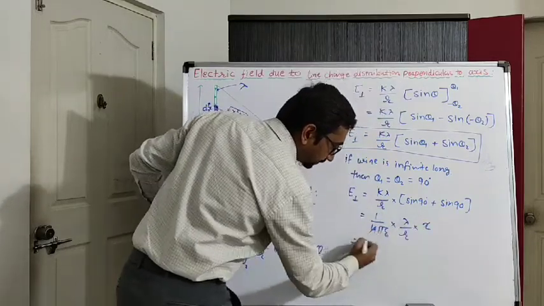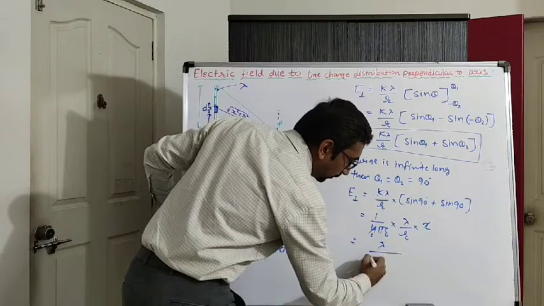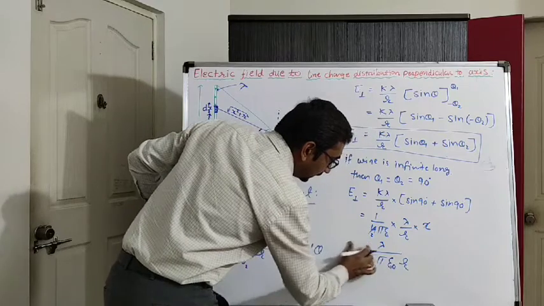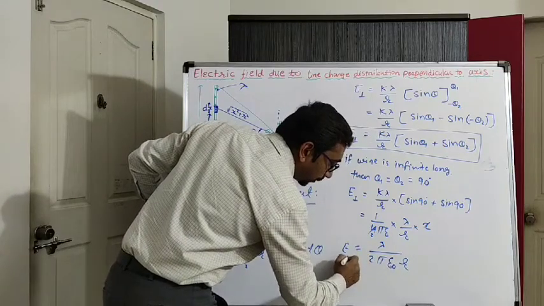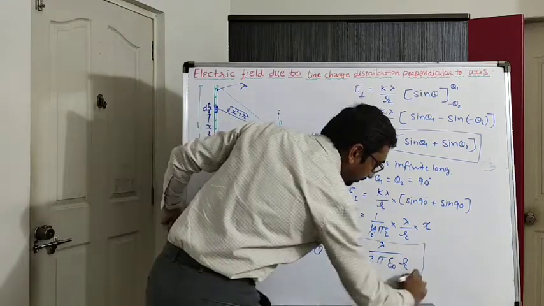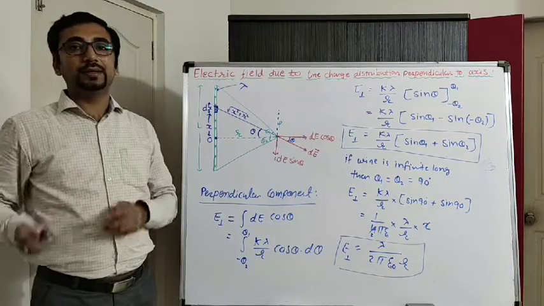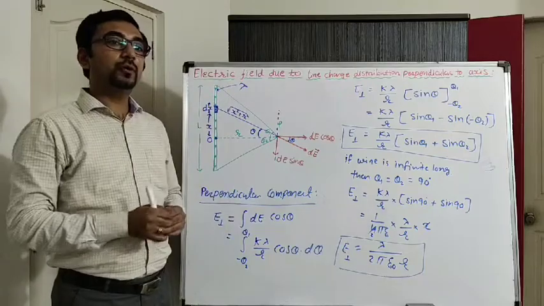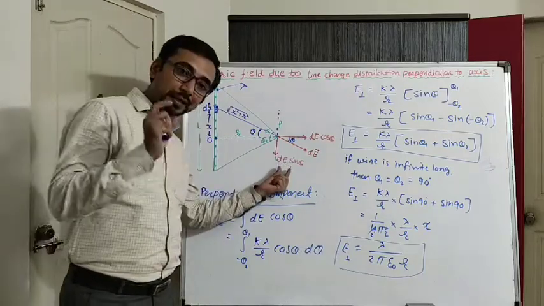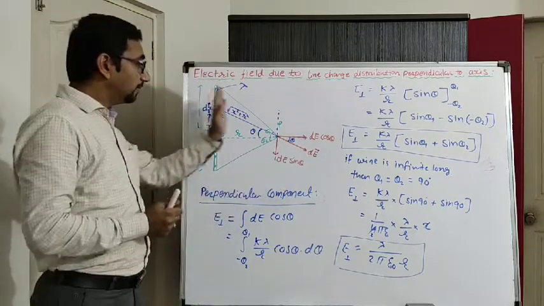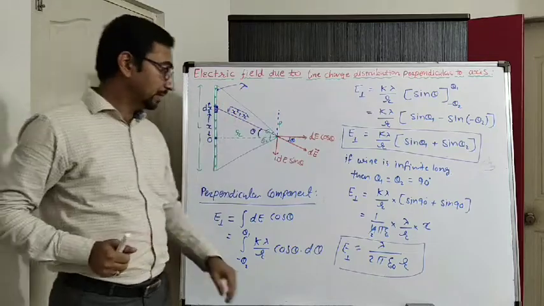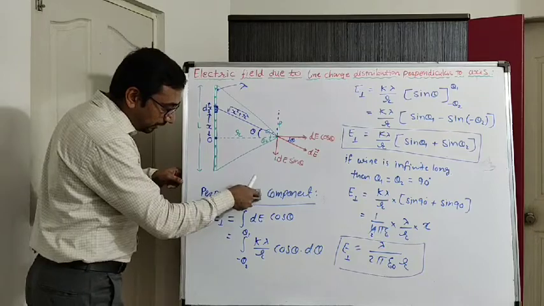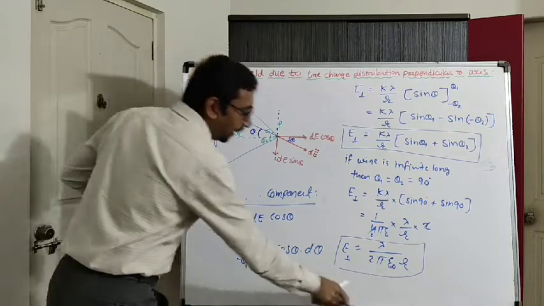So lambda upon 2 pi epsilon 0 r is the electric field produced by a wire of infinite length in the perpendicular direction. Now we want to obtain the electric field's component which is parallel to the wire, that means the sine component. So next we will calculate the parallel component.